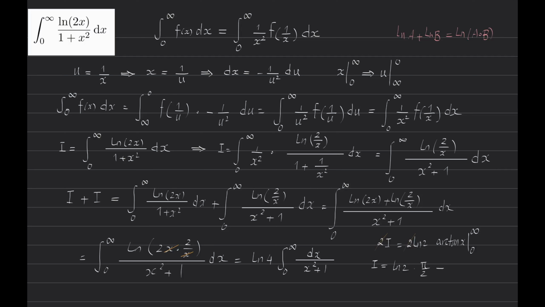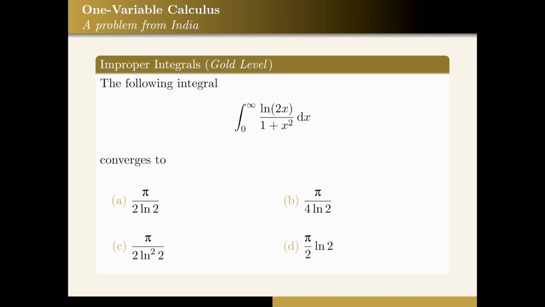So I is equal to pi over 2 ln of 2, which is the answer to this integral, if we already know that this integral converges. As you see, option D is the correct answer to the problem.